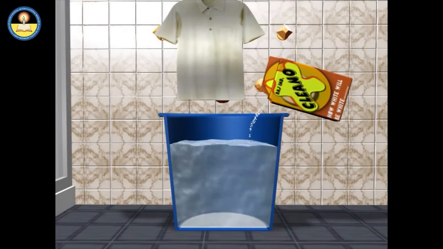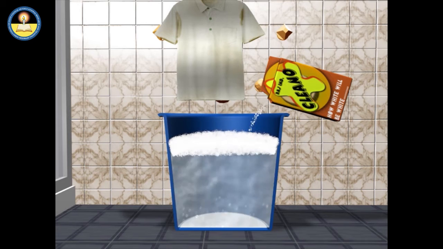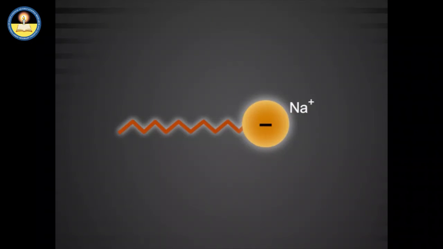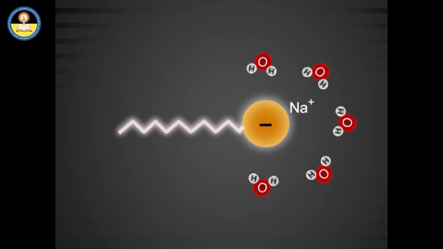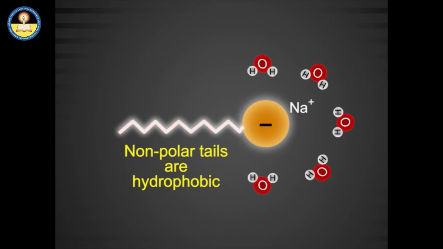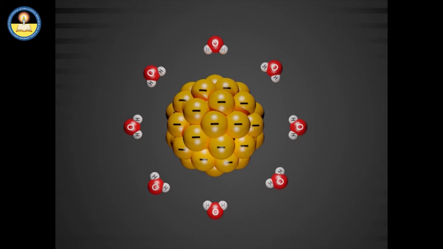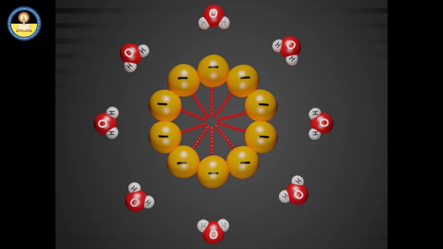When soap or detergent is dissolved in water, its polar head is attracted to the water molecules. The non-polar tails are hydrophobic, so the tails of several molecules join to form a cluster.